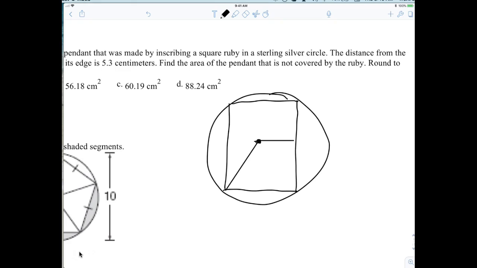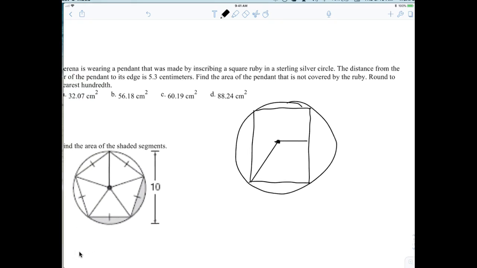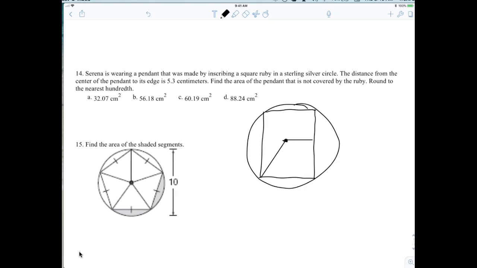It's saying the distance from the center of the pendant to its edge. The whole thing, I believe, is considered. Now, you could, I believe, draw it this way and it would be the same thing. It's just not as helpful.